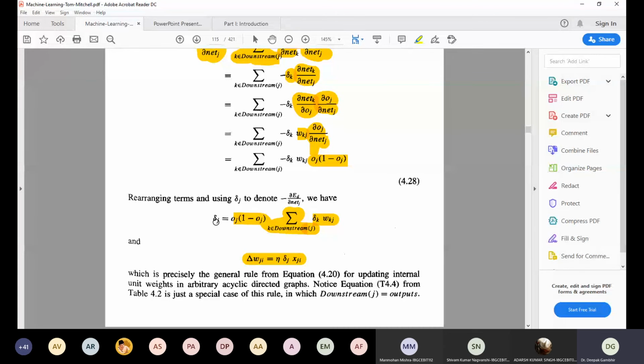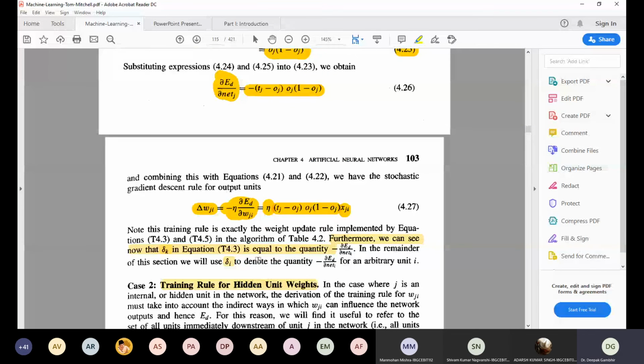So this delta is computed, multiplied with xi and eta, and it would result in delta w. Whereas in the case of hidden layer to the output, this delta is different.